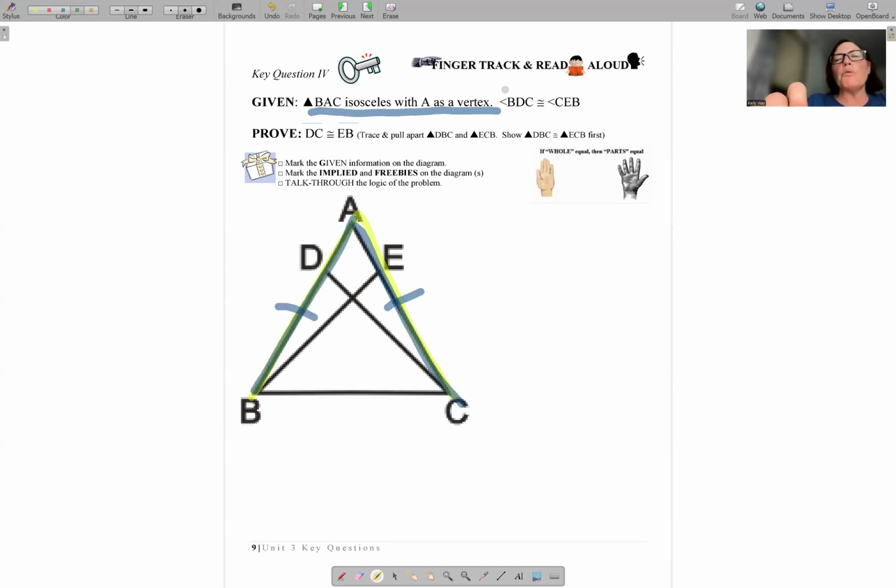We're also told that angle BDC, that's this angle up here, is congruent to angle CEB, that's this angle up here. It's a little hard to see those angles. We're trying to prove somehow that the side DC and the side EB are congruent.